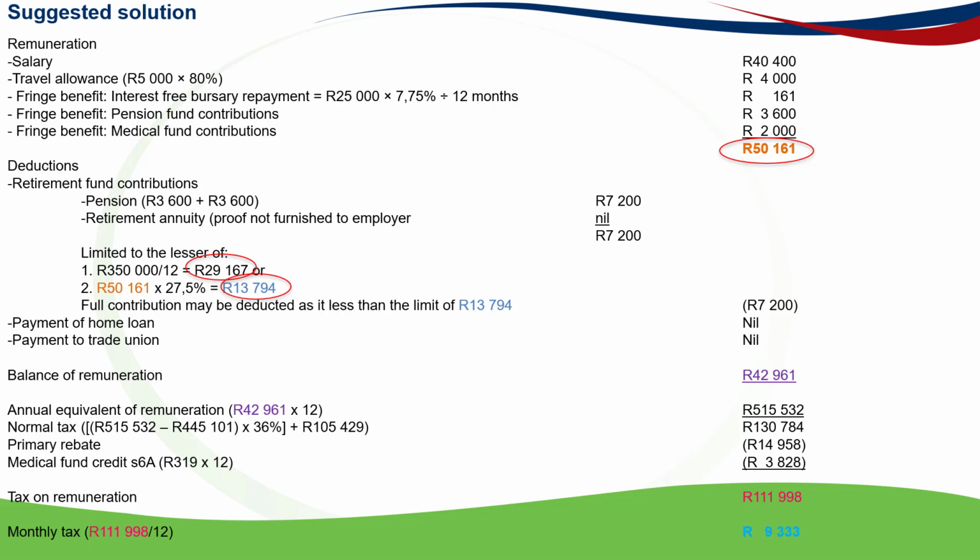So we need to calculate the tax for the month of December. So we will need to take the amount of 111,998 and divide it by 12 to get to the employees tax on remuneration excluding annual or variable amount of 9,333. Okay.